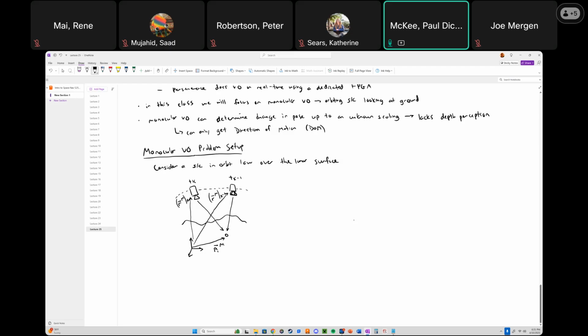We also know that we don't really measure the vector from the spacecraft to the point. We measure the unit vector from the spacecraft to the point. So we'll call this e-hat, so we're back to hat being a unit vector. The i-th point, moon frame, at time k-1, and then here we've got e-hat_i^M at time k.